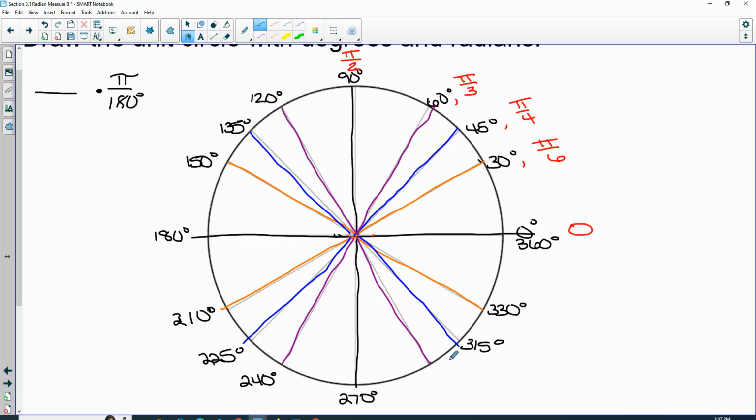And 360 minus 60 is 300. So those are all the angles that I've been quizzing you over, asking you what is the sine of 315 degrees or tangent of 210 degrees. Those were the common angles between 0 and 360.